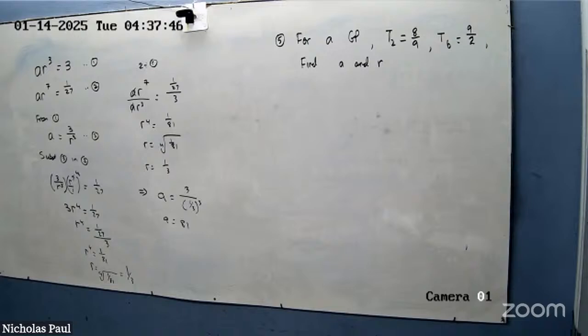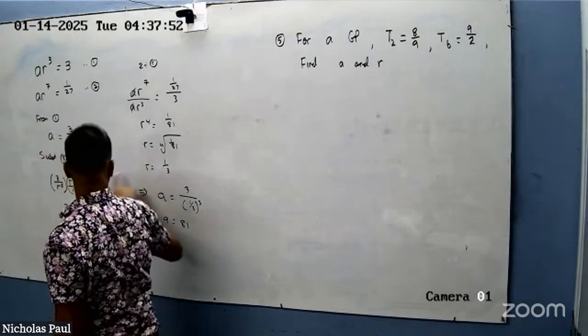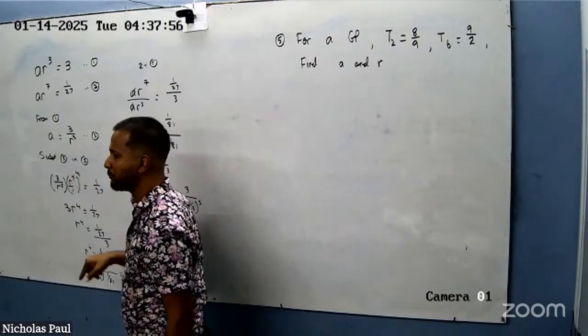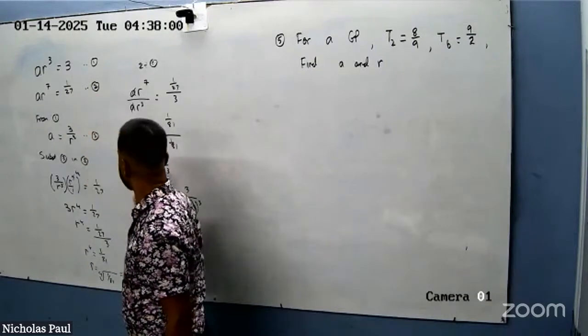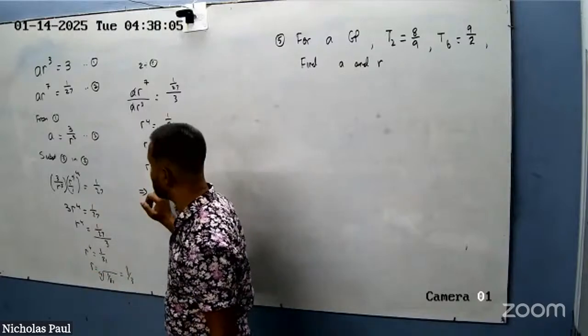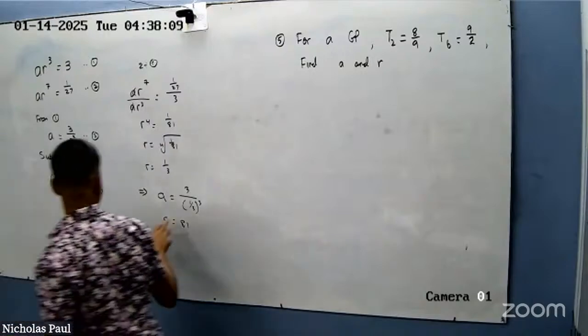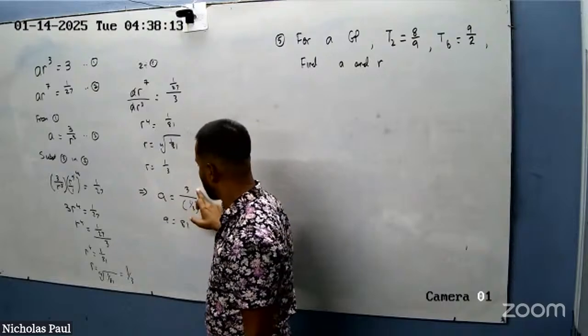That was Mr. Formula. Watch. R is a third, so I plug it in here to find A. Well, I make A the subject here. And I know what R is, so I just put R in here. So watch, all you gotta do is just put R in here. It comes from right here. 3 over R cubed.